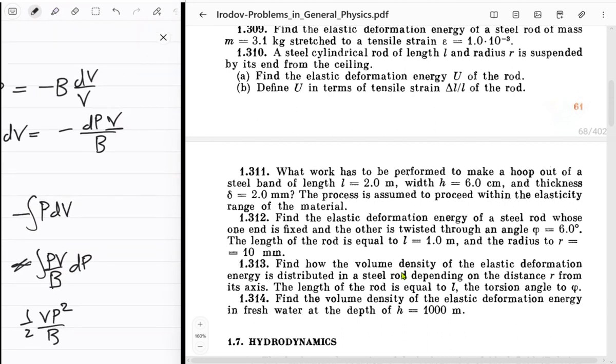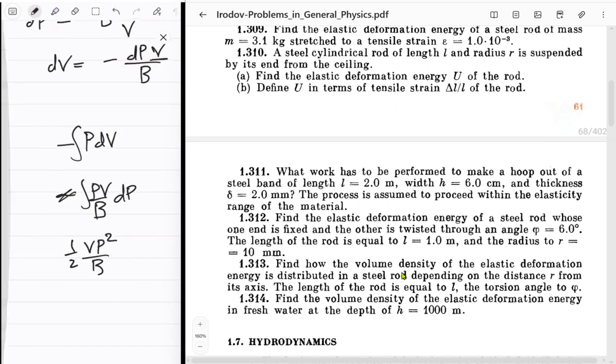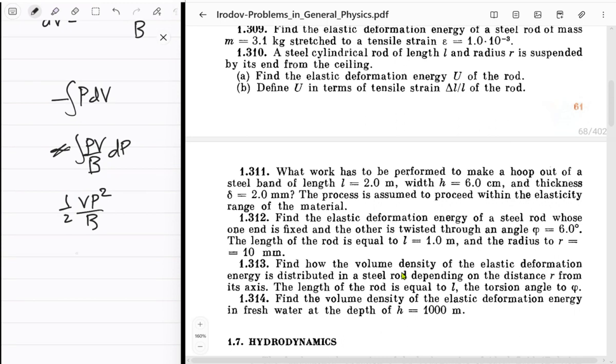It looks about right. PV is just work, so that means half P squared upon B, or P squared upon 2B. This is really just the volumetric density, assuming the volume doesn't change all that much. I think it's an okay assumption to make, not that bad.